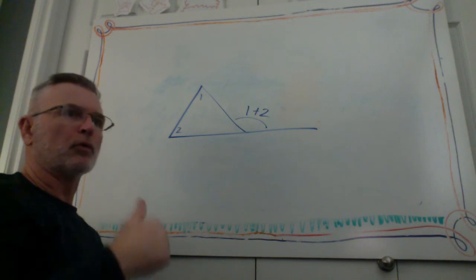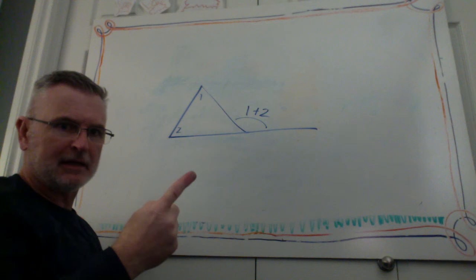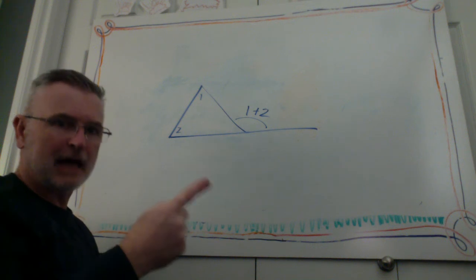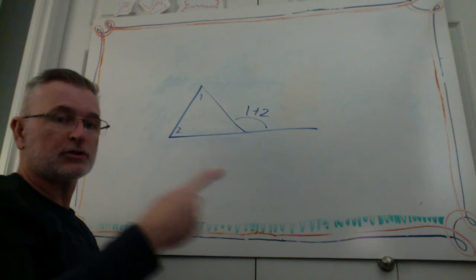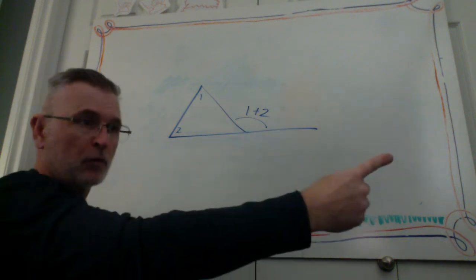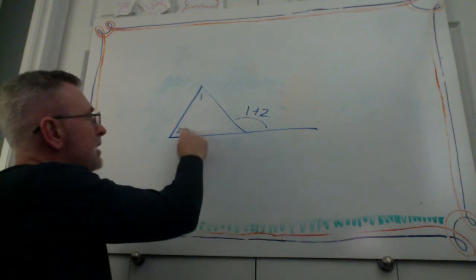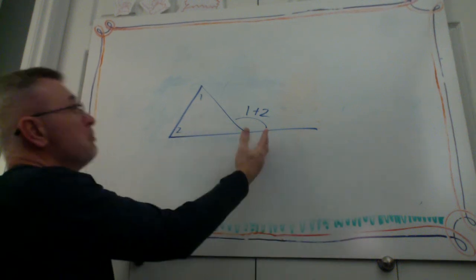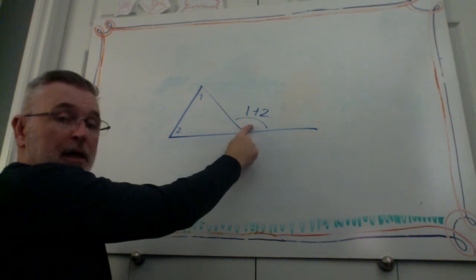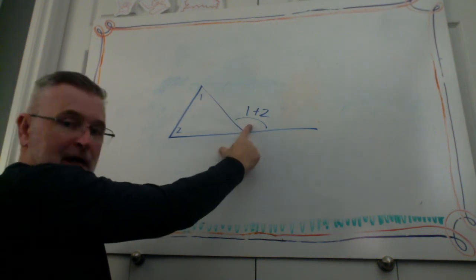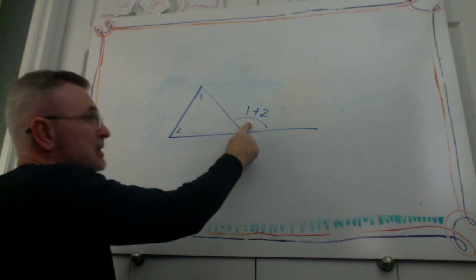Well, they're remote interior. So they're inside, interior, they're inside the triangle. They're remote, so they're away from. Remote means away from. So these two angles are remote interior to this angle right here, because this one is outside the triangle. So these two equal this out here.